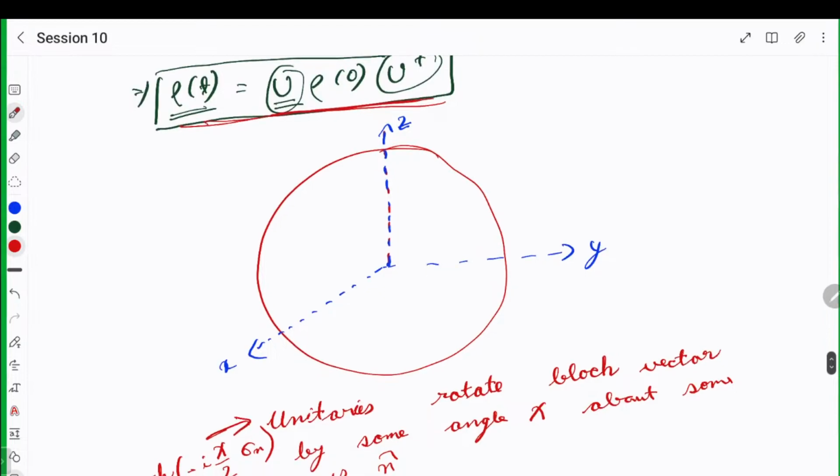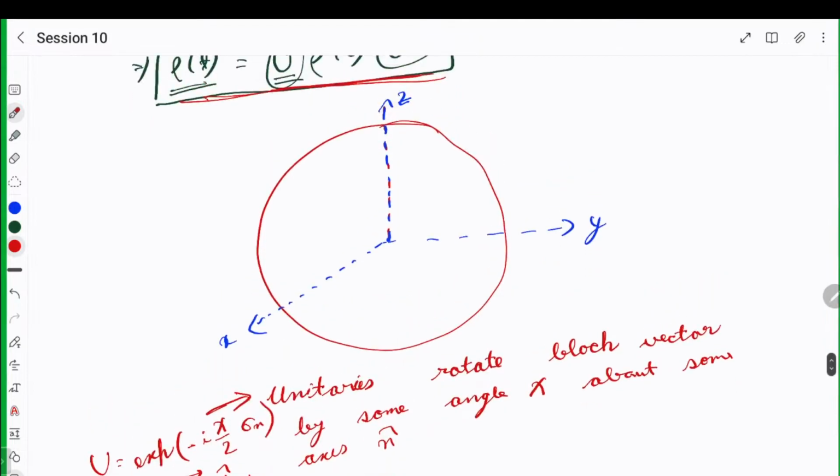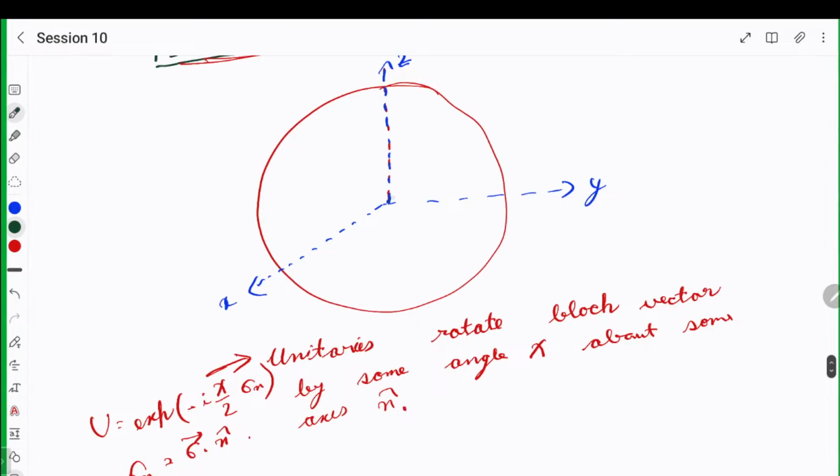Now, we made this statement for pure states which lie on the surface of the Bloch sphere. But this is in general true for any state inside the Bloch sphere also. So if you have a state which is inside the Bloch sphere, so for this r is less than 1, then it will also be rotated.